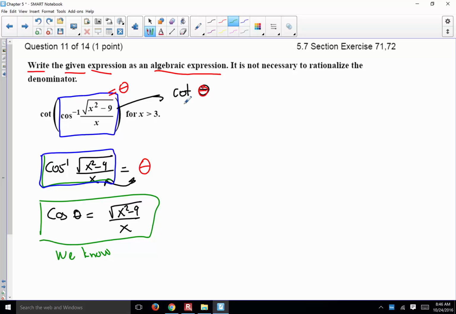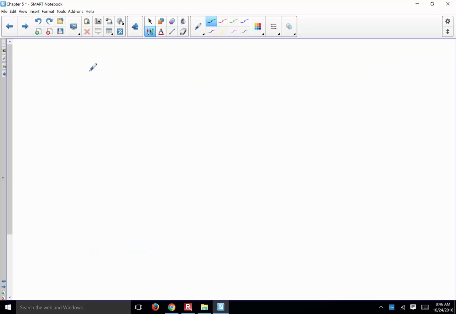This is a really upper level question. We're no longer just crunching numbers. Let me simplify the question. If I give you cosine theta, let's say 1 over 2, how do you find any other value like cotangent theta, sine theta, tangent theta, or secant? Way back in section 5.1. What do you use?